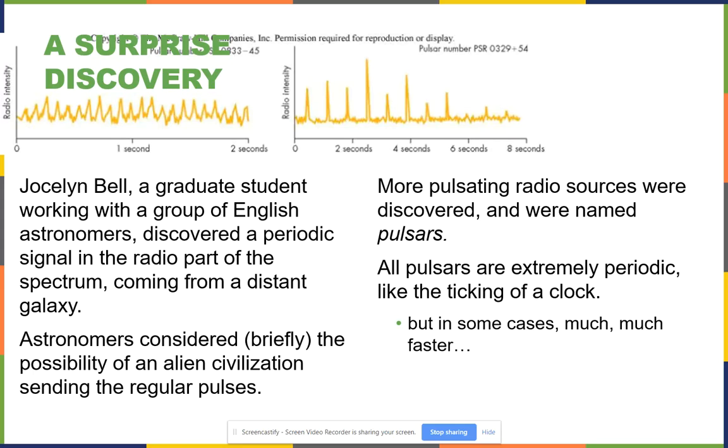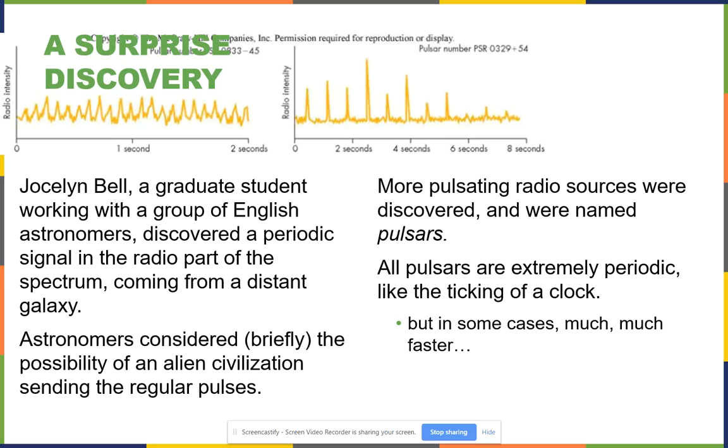It would fly apart. Even a white dwarf would fly apart if it was spinning that fast. The only theoretical object, and at this point it was a purely theoretical object, that could possibly spin that fast would be a neutron star.